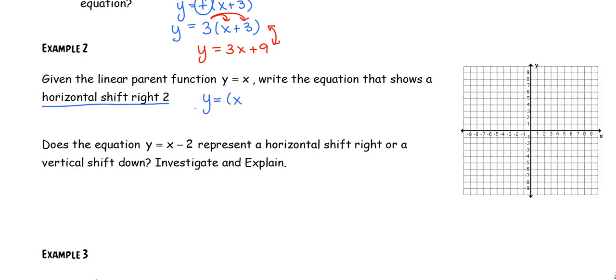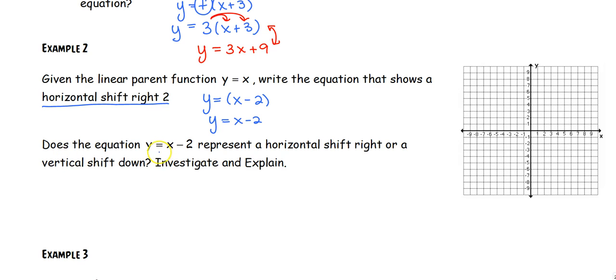When it's inside of the parentheses, I go the opposite of what I think. Right, I would normally think plus 2, but because it's inside, I've got to go x minus 2. You can choose to leave it like this, but know that that's the same thing as just x minus 2 because there's nothing being multiplied on the outside of the parentheses to make any changes.